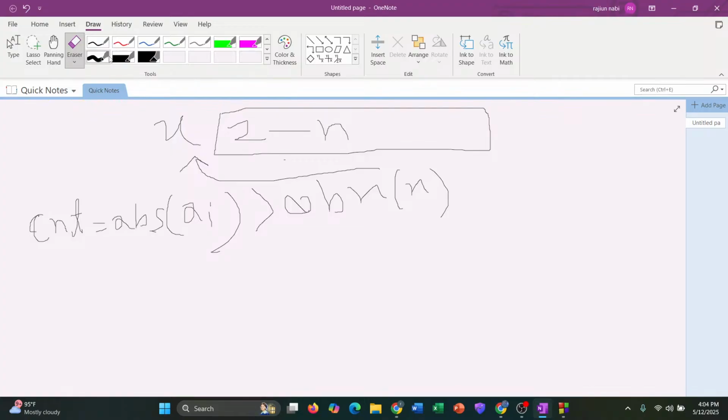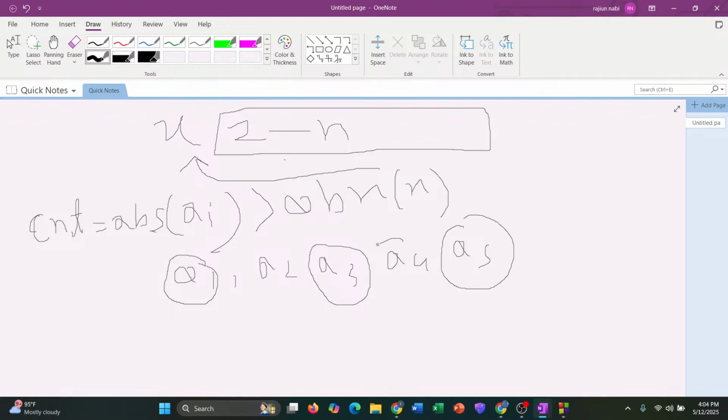What does it mean? Suppose the array is A1, A2, A3, A4, A5. Suppose the absolute values of A3, A4 and A5 are bigger than the absolute value of A1.